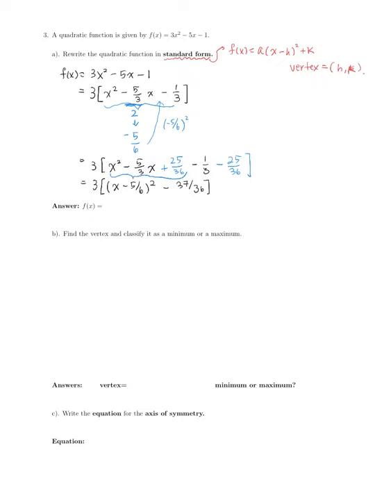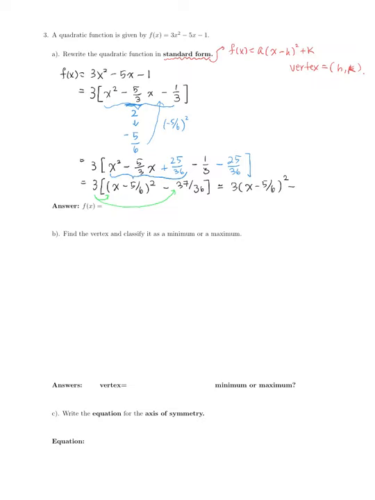So therefore, it looks like our f of x is going to look like 3 times x minus 5 over 6 squared minus, now I'm going to distribute the 3 to each term. So I'm going to go like this, 3 times this, and then 3 times that. So you can cancel the denominator, the 3 into 36.